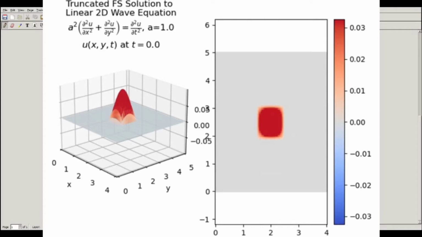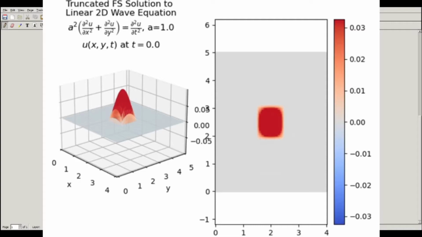This is what's called the linear wave equation. But you can exactly solve this, and this is an animation that I made in my graduate engineering mathematics class using Python. So this is just a visualization program to show a time-dependent plot of the solution to this wave equation.